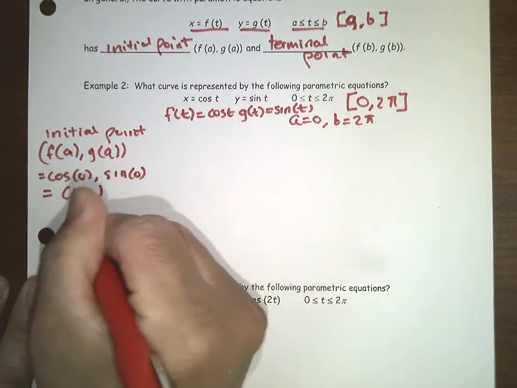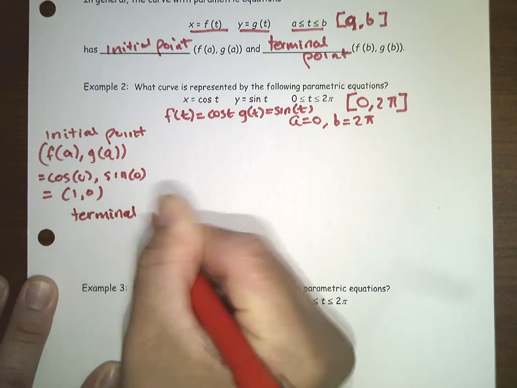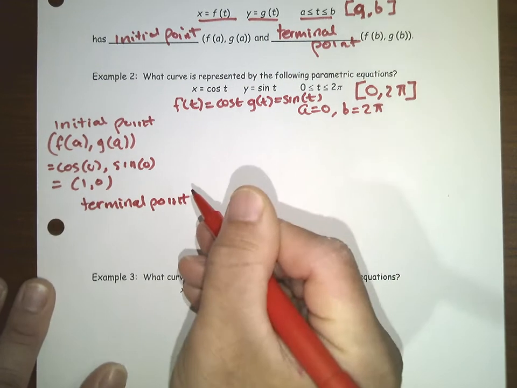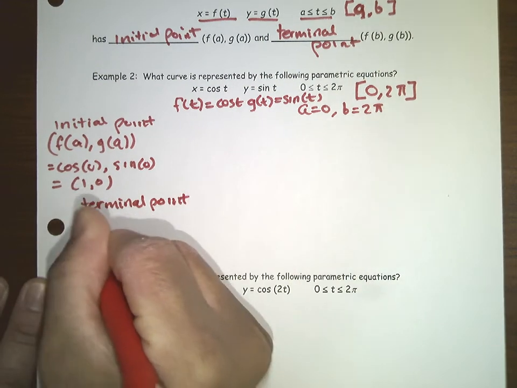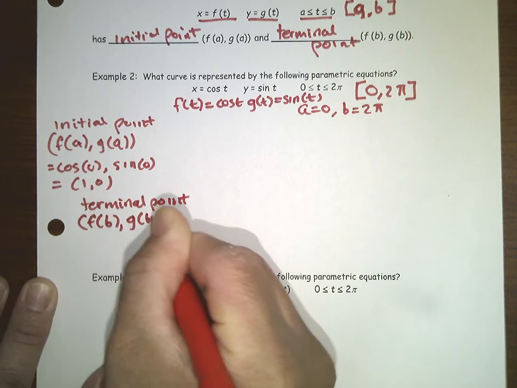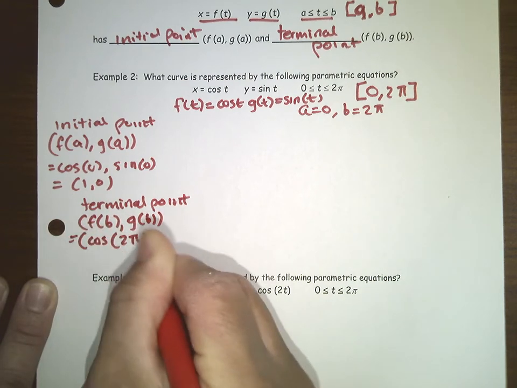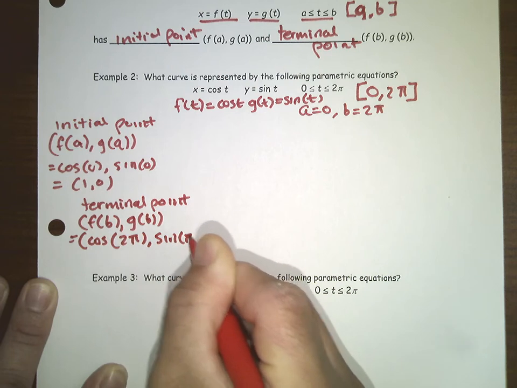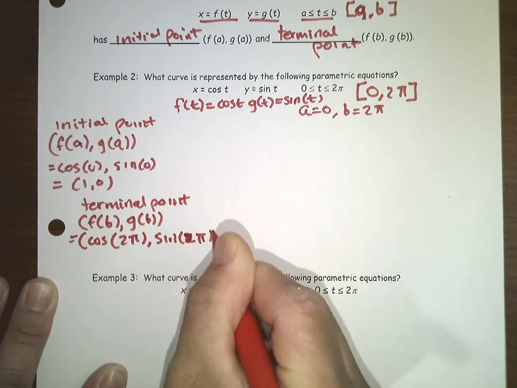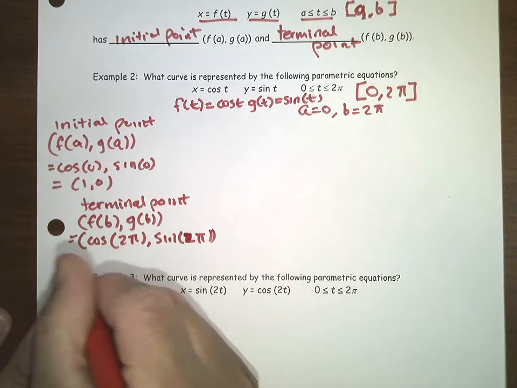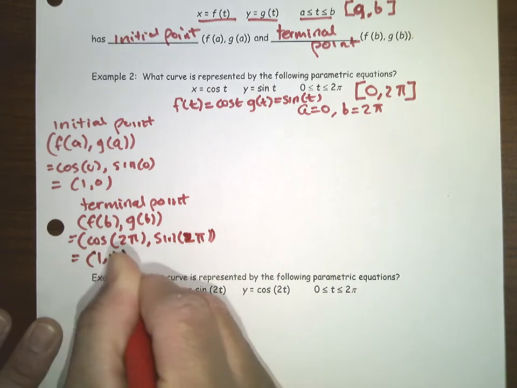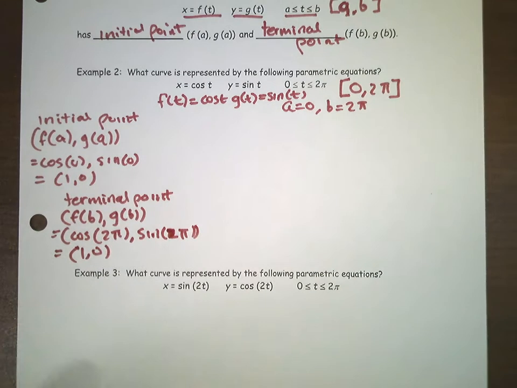And the terminal point is going to be f of b, g of b. In this case, it will be cosine of 2 pi, sine of 2 pi, and that will end up being 1, 0. So I see that the curve here starts and stops at the same point, 1, 0.